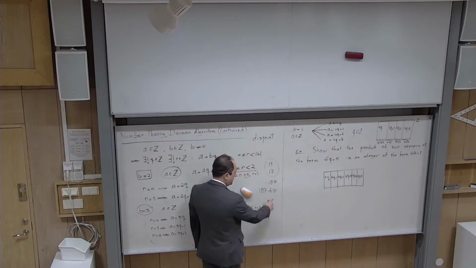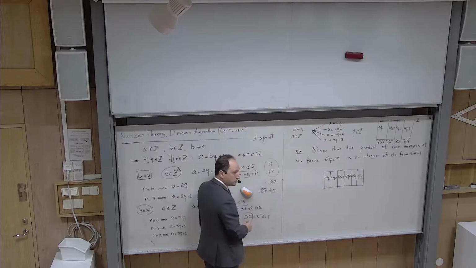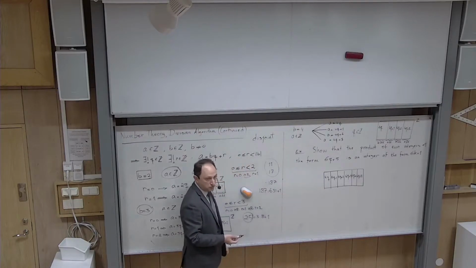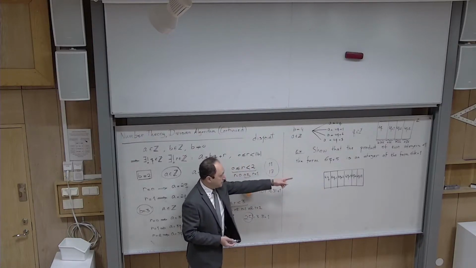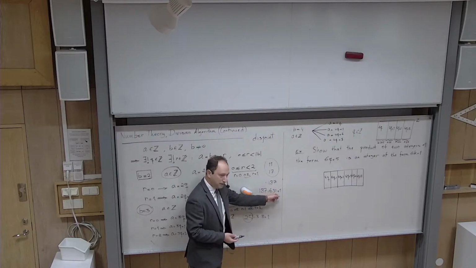Yes? 6 times 31 is 186. But I need 187, so I need to add one more. So you saw that I took two numbers from that part, multiplied them, and I checked it. I realized that it is in the form of 6k plus 1.